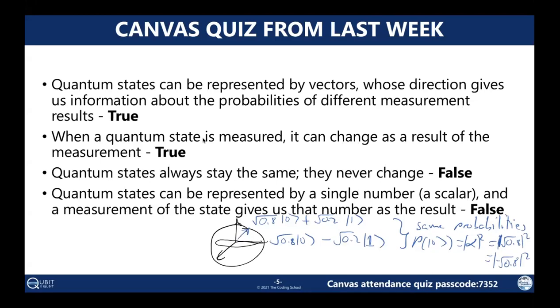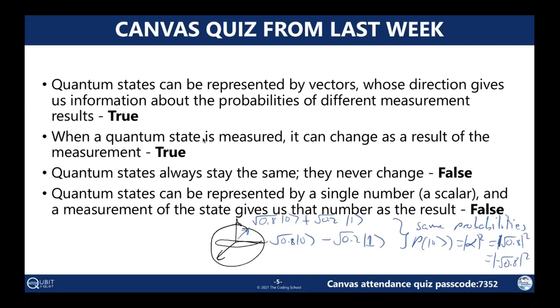So if you answered false to this, you may have been confused about the two planes that we can describe our quantum state in, because the position in the xy plane does not result in any change in our measurement probabilities. It's only the xz plane that affects it.